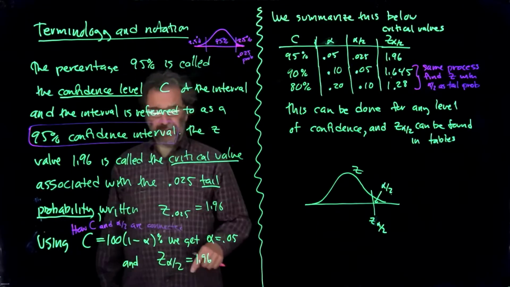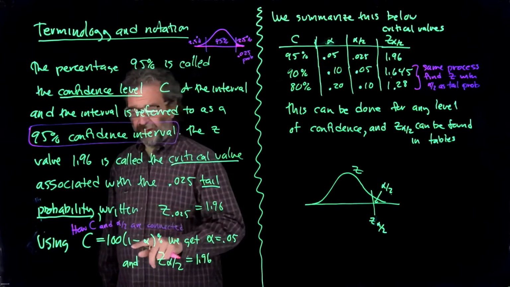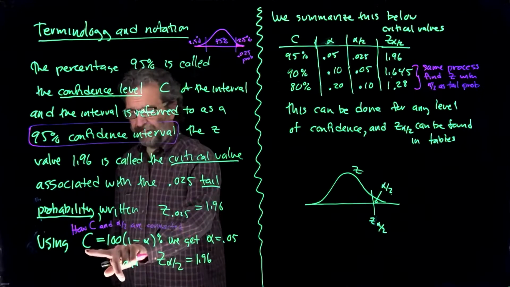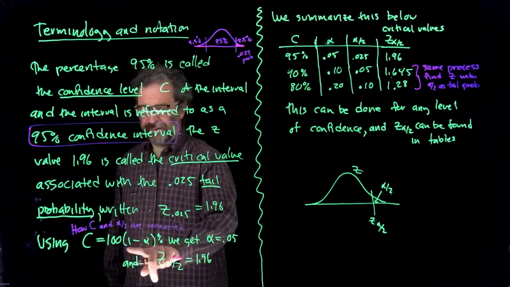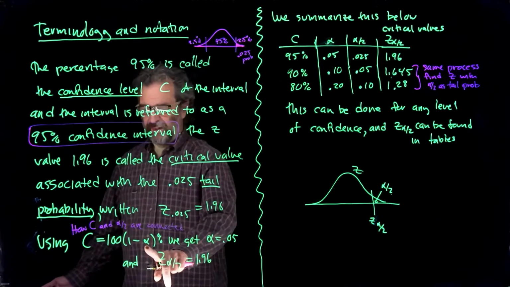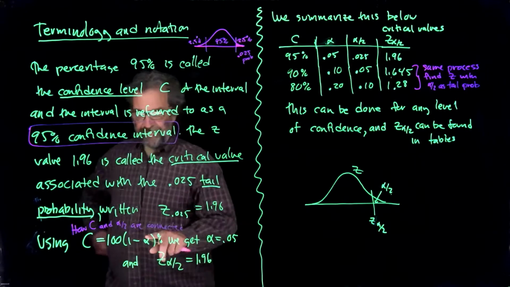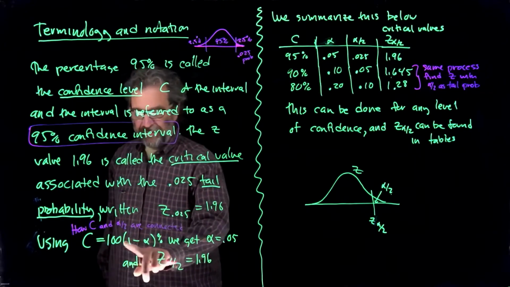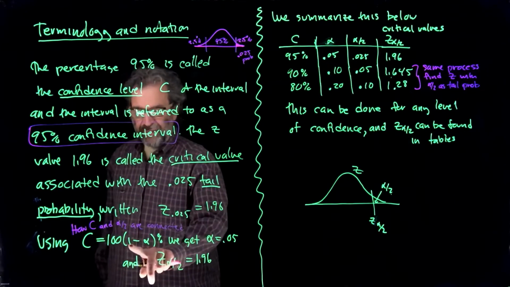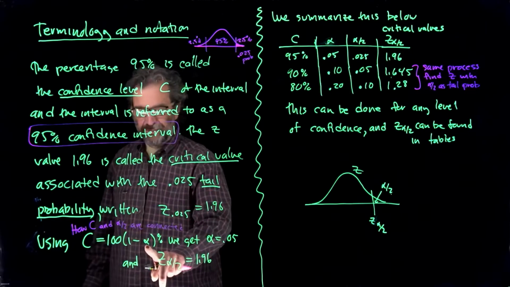So if you want to go directly, say, from the confidence level to that 0.025, here's how you think about it. You think confidence level is 100 times 1 minus alpha, so 95%, this is how we do it. It makes sense after a while. Right now it just seems so arbitrary. But 95% is 0.95 times 100, and that's 1 minus 0.05. So 0.05 is the piece that's missing.